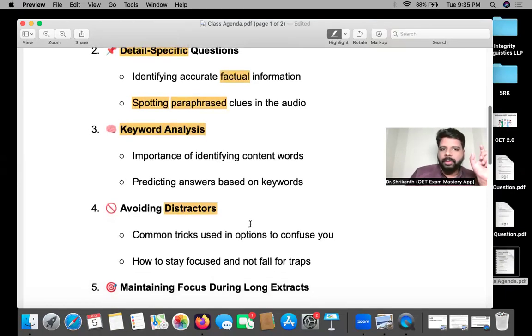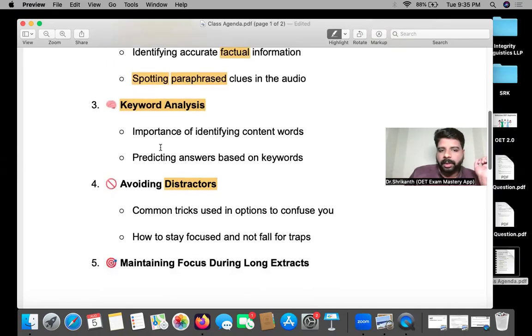So you must have that ability to discriminate, to tell which information is useful to you and which information is useless to you. You will be able to develop that if you do the keyword analysis properly. So avoid the useless information, knowing, okay, I'm hearing this information, but this is not what I'm looking for.